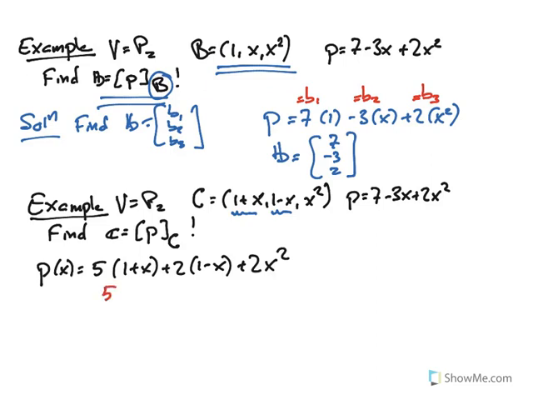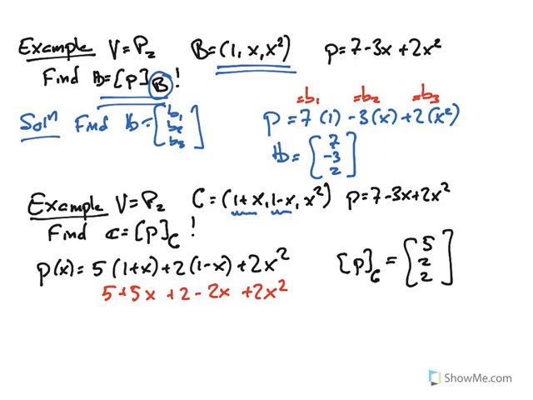Let's just double check. That's 5 plus 5x plus 2 minus 2x plus 2x squared. So that seems to work. So in this case, the vector is the same, p, but now the basis is different, and then the expansion coefficients are different as well. So the point is that this vector there is not the same as that vector there. If you pick a different basis, you get a different vector.